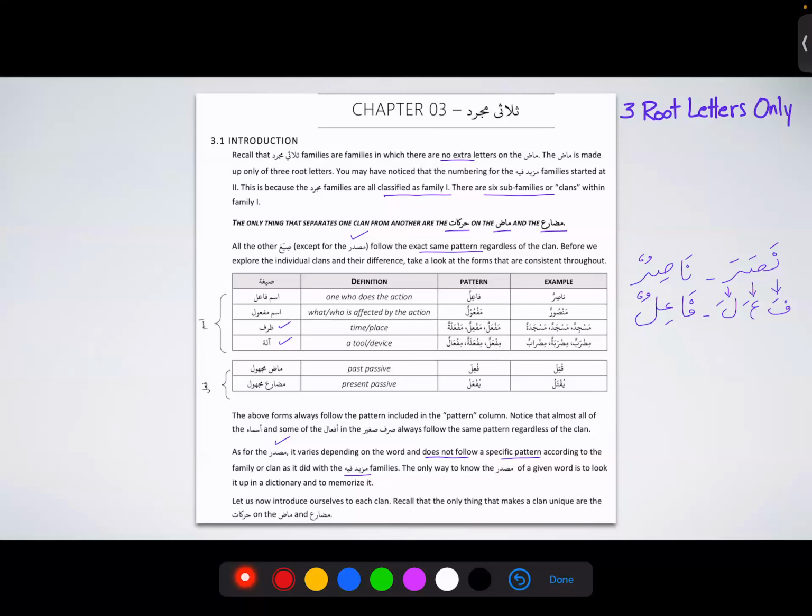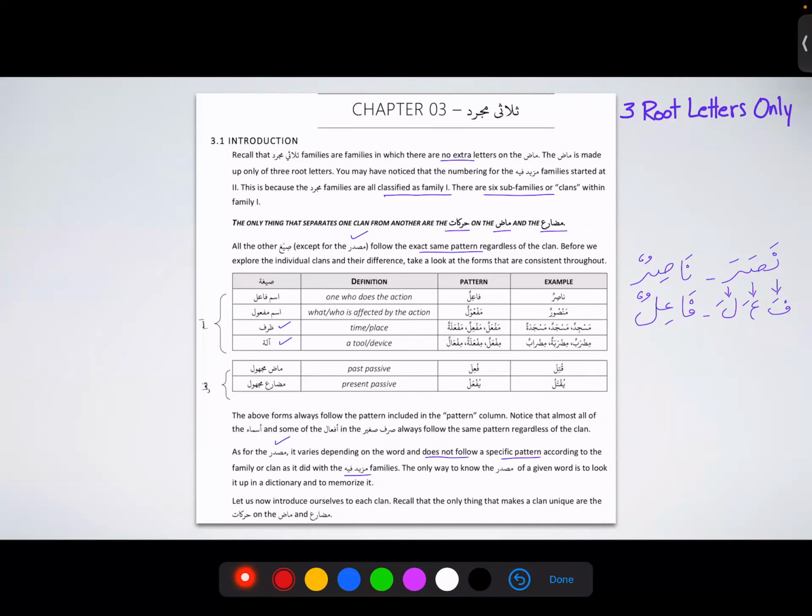And in general, the middle root letter, and especially any markers, haraka on the middle root letter, played a big role, even in our Mazid Fihi families as well, right? Isam Fa'il, Isam Maf'ul, we recognize by the haraka, whether it is taking fatha or kasra. So same, inshallah, we are going to keep an eye on the middle root letter, and this is how we can recognize them.